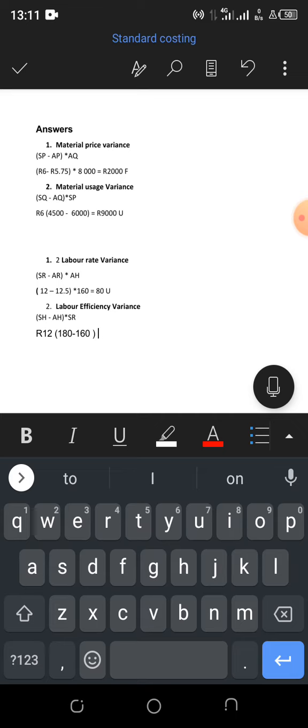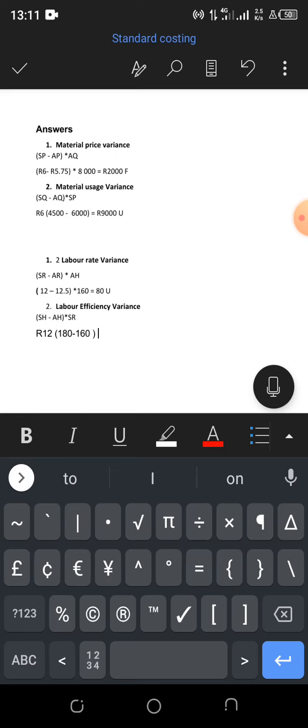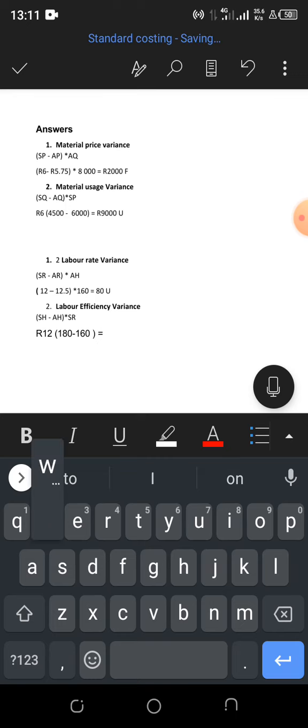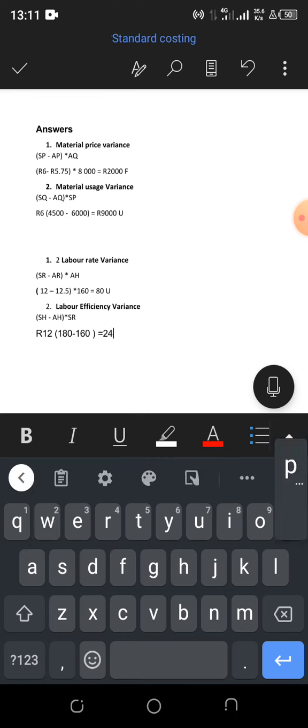So 180 minus 160, and then we multiply by 12. Then our labor efficiency variance will be 240.